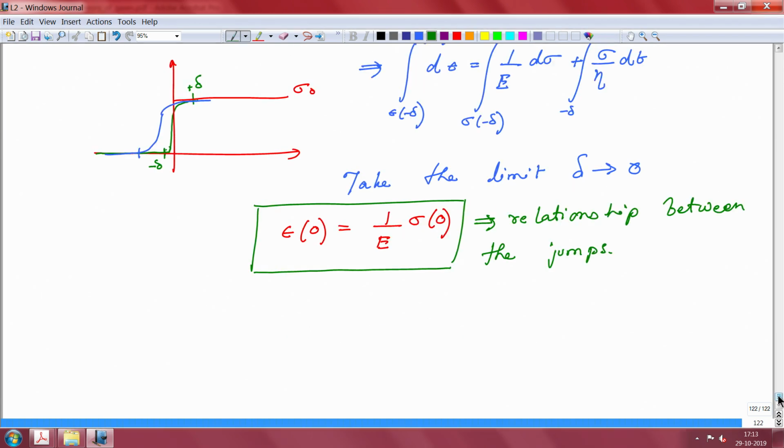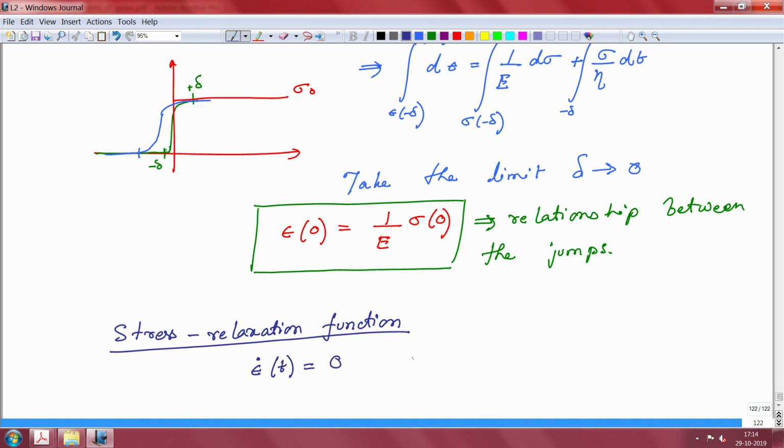So, now that we have this, let us go back to the derivation of the stress relaxation function. Okay. So, we were looking at the stress relaxation. Our situation is that epsilon t is equal to 0 for t greater than 0.